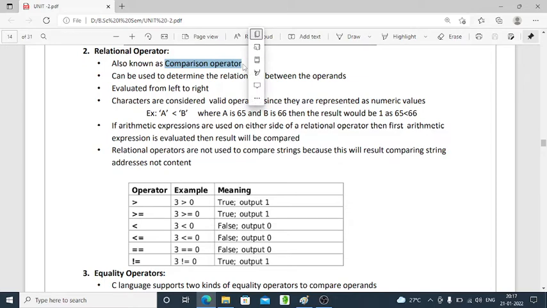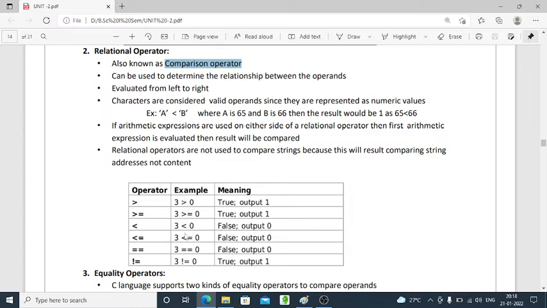It means we are comparing two values and telling whether the result is true or not. When we compare two values, if the result is true, the output is 1. If the result is false, the output is 0.